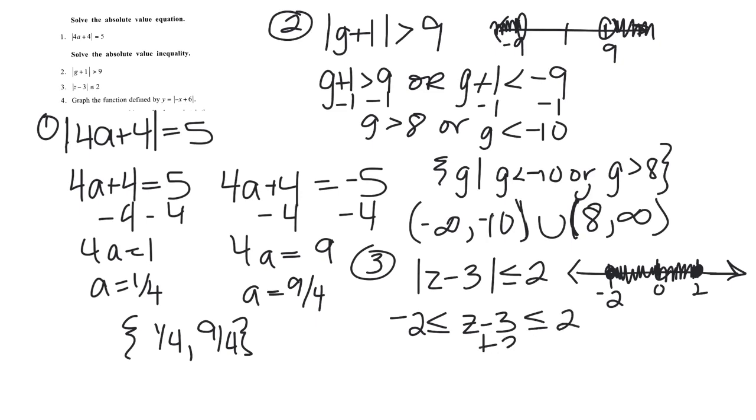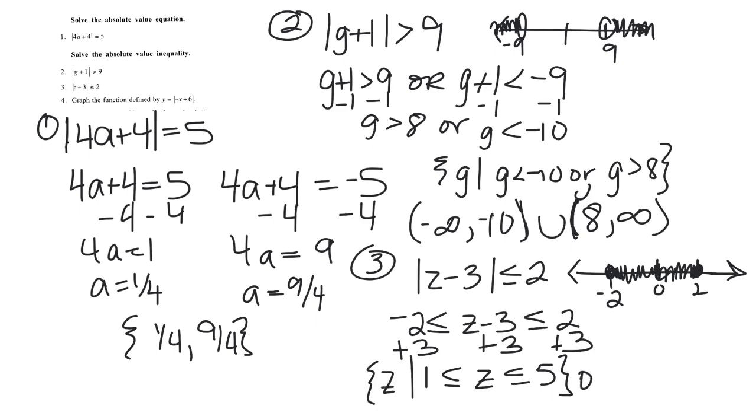And then whatever we do to the middle, we do to both the right and the left. So we get 1 less than or equal to z less than or equal to 5. And then we can put that in our set notation with curly braces and define our variable. Or our interval notation would be bracket 1 comma 5 bracket, because they're both equal to.